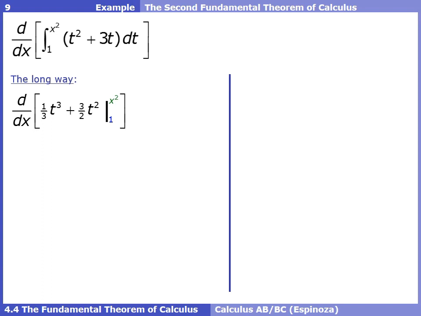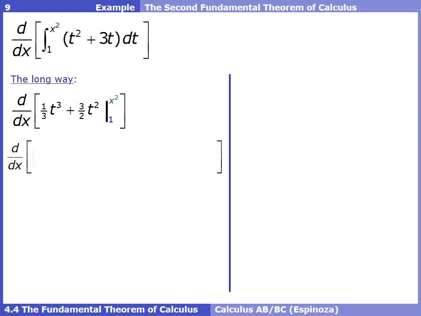The integral of t squared would be t cubed over 3, or written a little more simply, 1/3 t cubed. The integral of 3t would be 3t squared over 2, but I'm going to write that as 3/2 t squared. Instead of putting a plus c, we're going to put a bar, and then put our bounds of x squared and 1, because this is a definite integral.